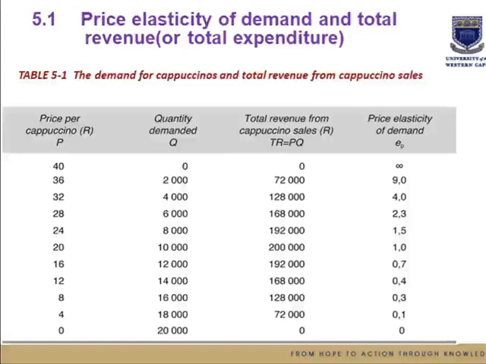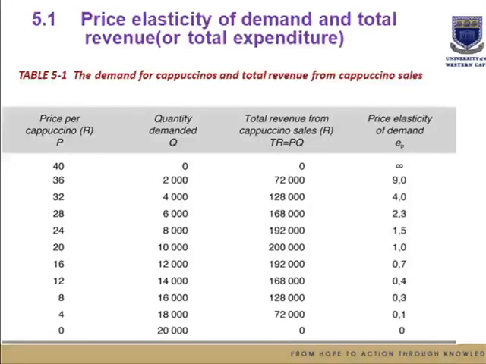Looking at this table, let us verify the three relationships we have just found with regards to price changes and total revenue. Firstly, when the price elasticity is greater than 1, then total revenue will change in the opposite direction to the change in the price.